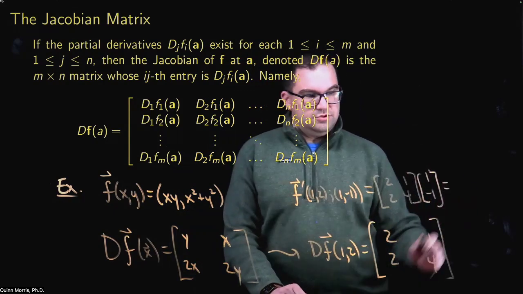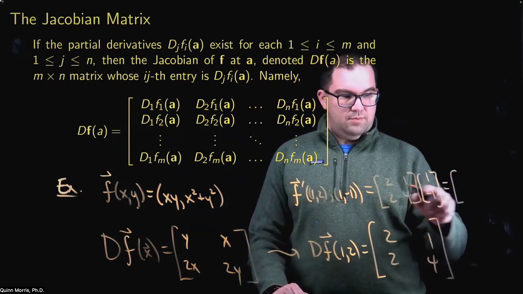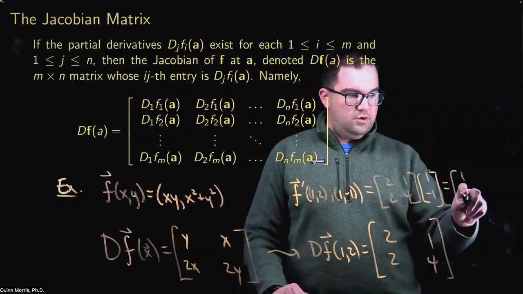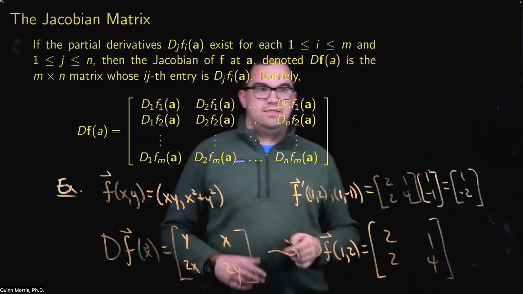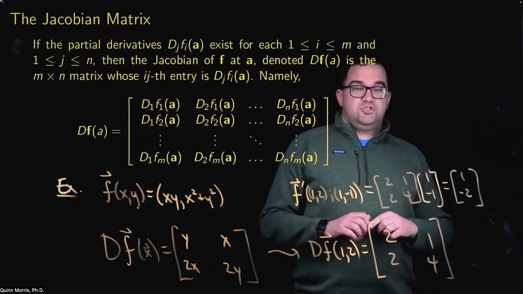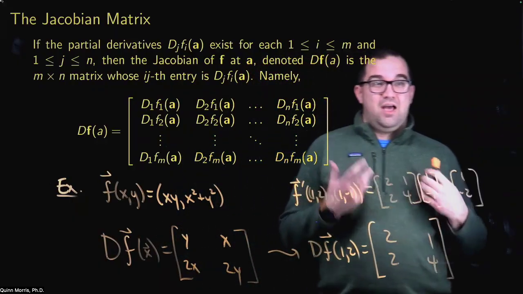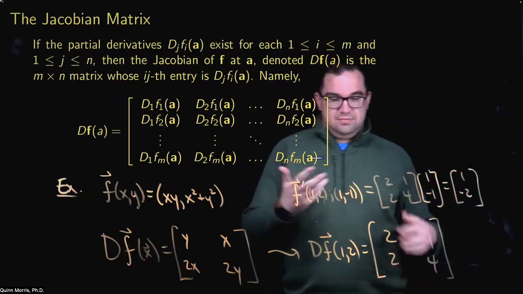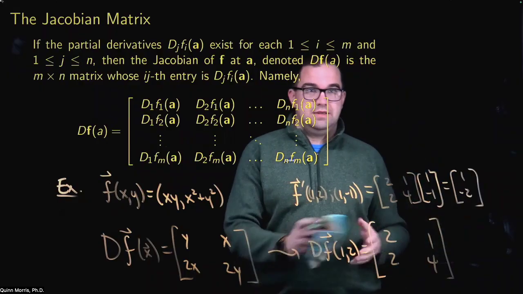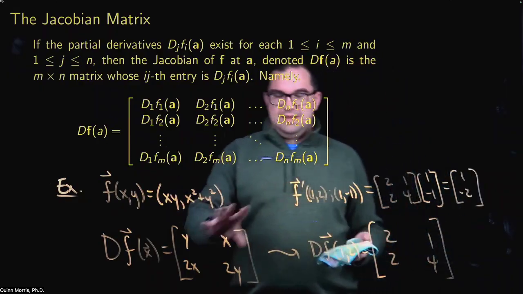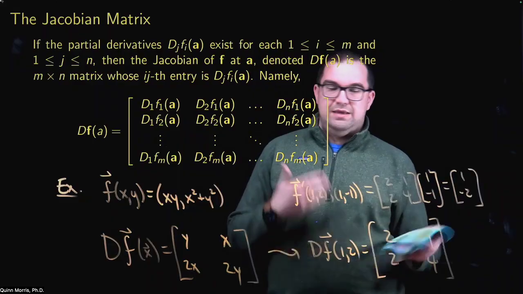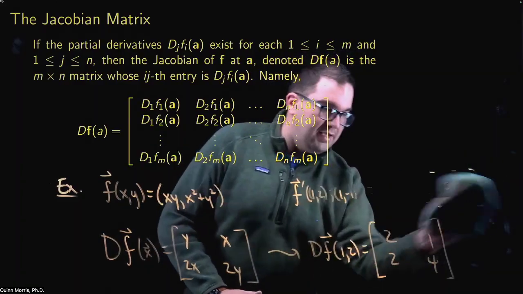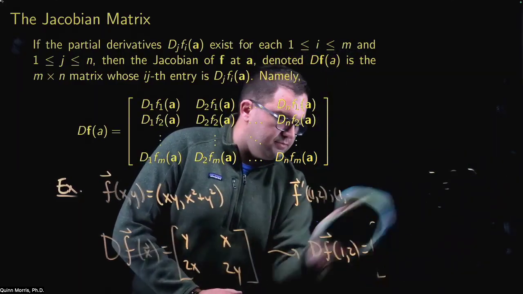And let's see, what would you get? You would get 2 minus 1, which would be 1, and you'd get 2 minus 4, which is negative 2, and there's your derivative. So this Jacobian in practice is a really helpful way to calculate these sorts of derivatives. It quickly encapsulates all the information you need in order to make computations related to derivatives.